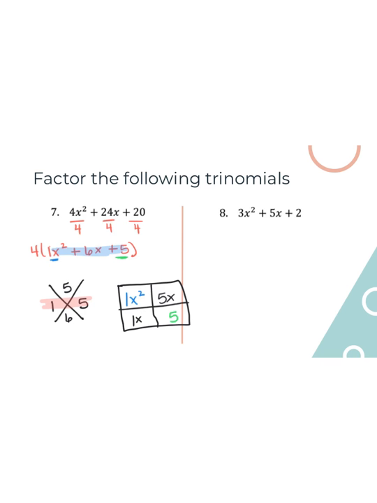Okay, now that I have those, I'm going to see what do they have in common. What's the greatest common factor? So 1x squared and 5x, they both have a 1 and an x. And 1x and 5, they both just have a 1. A 1x squared and a 1x, they both have a 1x.